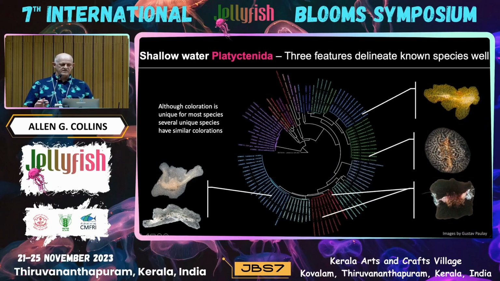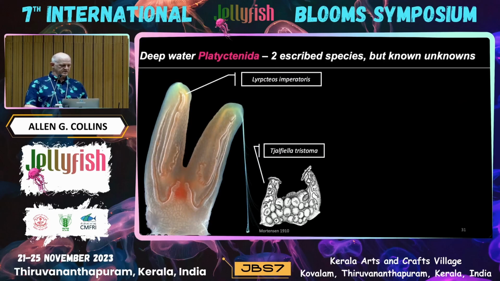Well, it turns out that these 3 features do a good job of sorting out the different species. So unlike the burrowies, there's quite a good correspondence between known and described species, not perfect, and these characters. So these genetic data reinforce the morphological delineations.